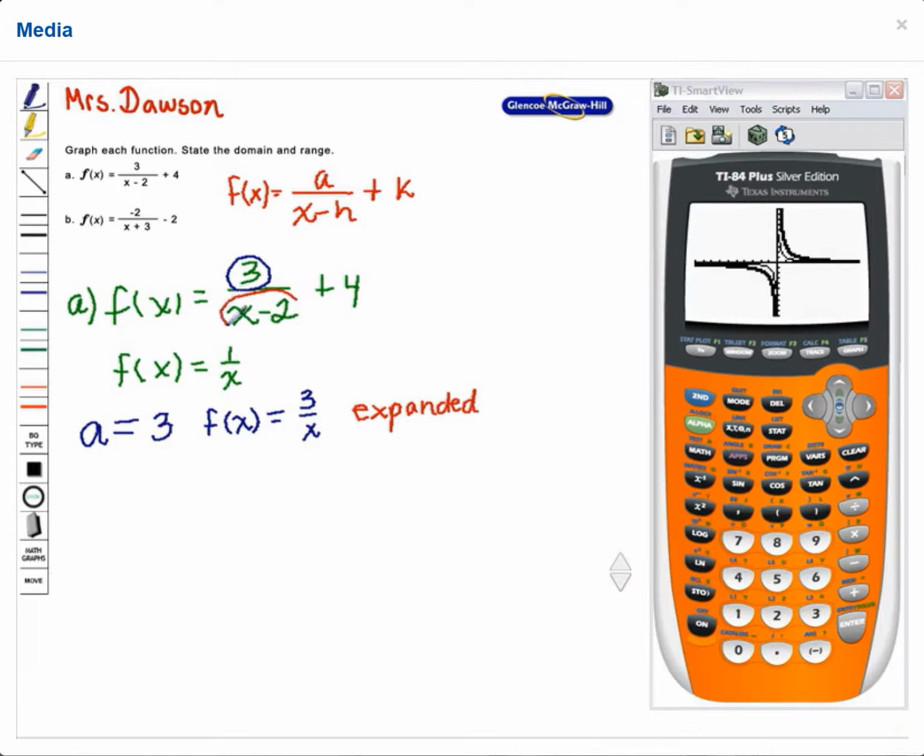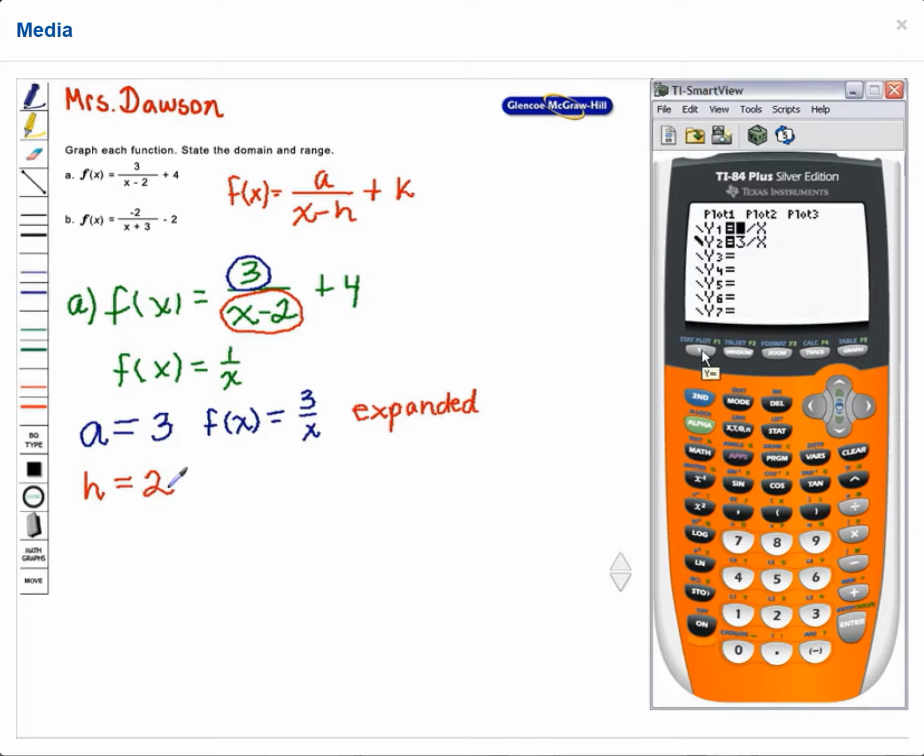Now let's look at the x minus 2. In other words, h is equal to 2. Three divided by, you'll need parentheses for the denominator, x minus 2. We'll make this one bold, and the one previous just normal.